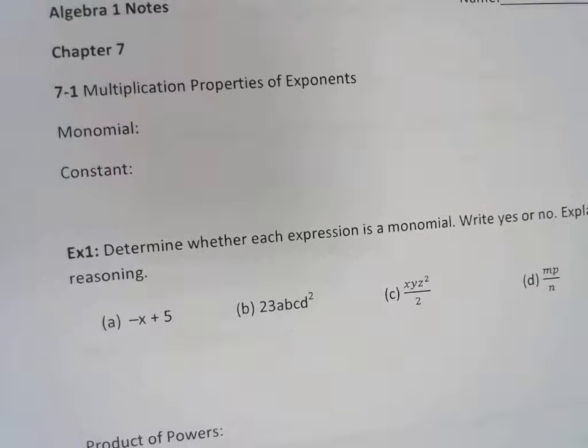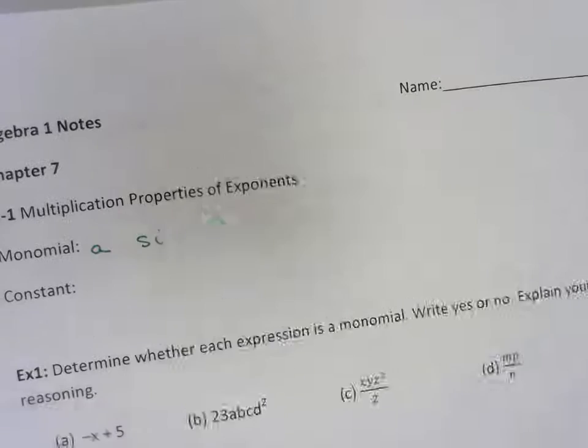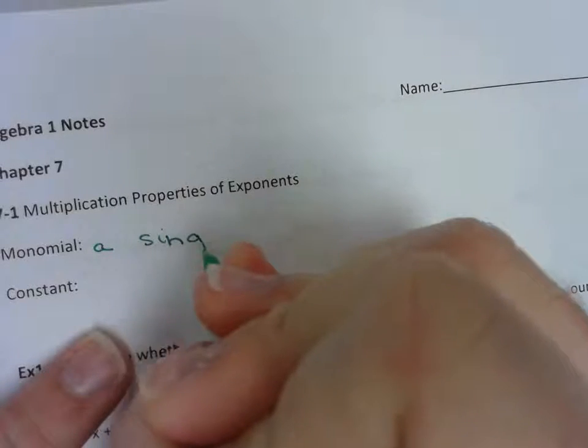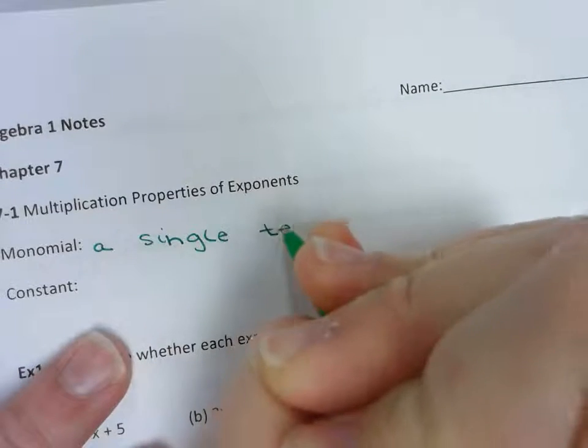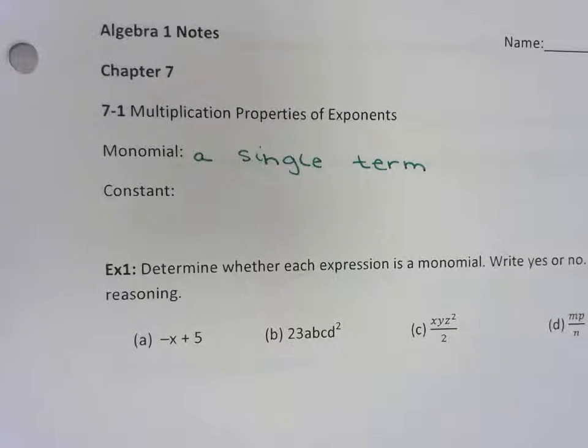So a monomial is a single term. Okay? So it's just one single term.